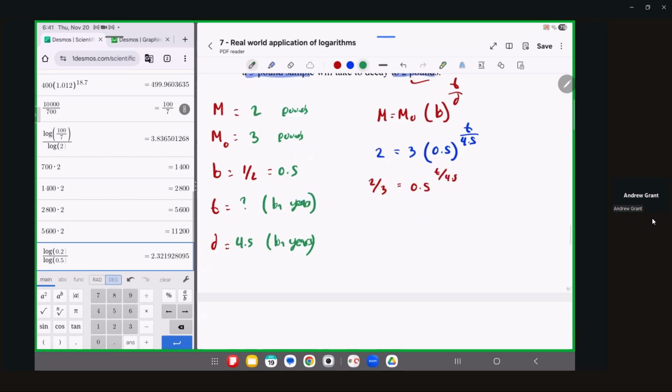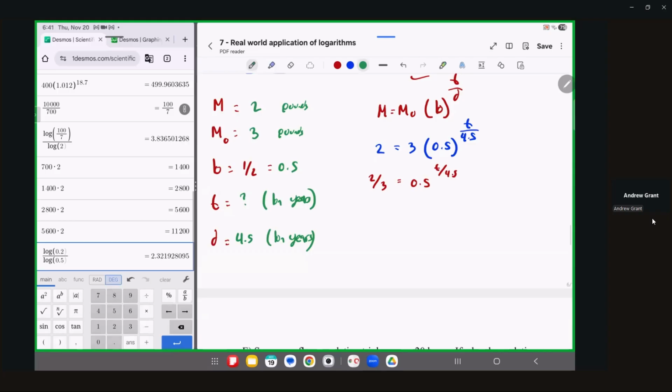Using the logarithmic equivalent, we end up with t over 4.5 is equal to log base 0.5 of 2/3. And this will then be equal to log of 2/3 divided by log of 0.5.